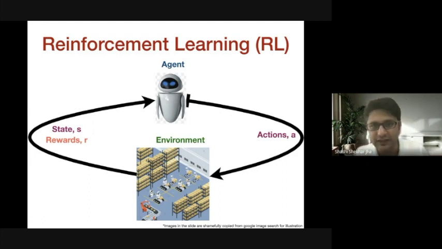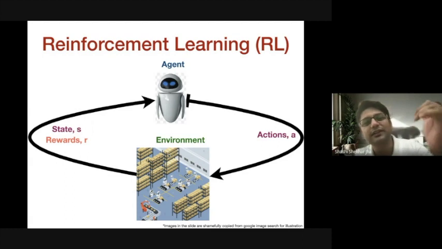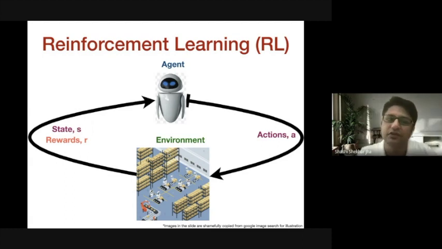But from a reinforcement learning perspective, these rewards are always coming out of the environment. So the rewards are embedded into the environment, and they are received as an outcome of the action. We are not going to discuss today how to design the rewards, because in reinforcement learning, it is always the assumption that the rewards are received from the environment, and are always the output of your action.